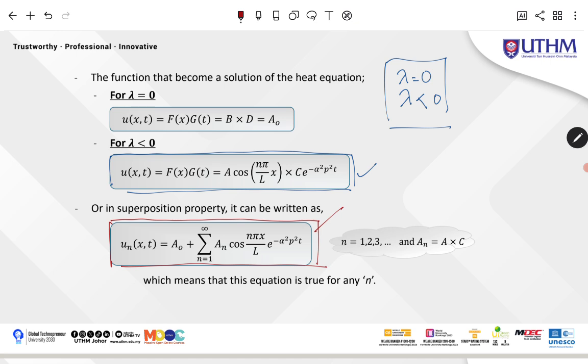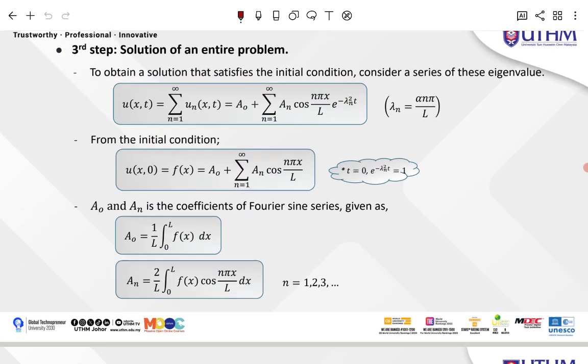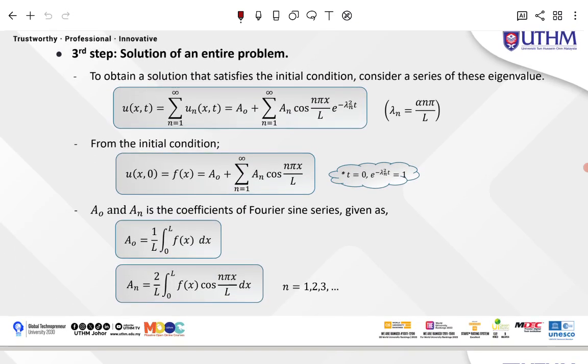Again, this is the solution for the insulated end of a rod. For the third step, we apply the initial condition, which is given as f(x).